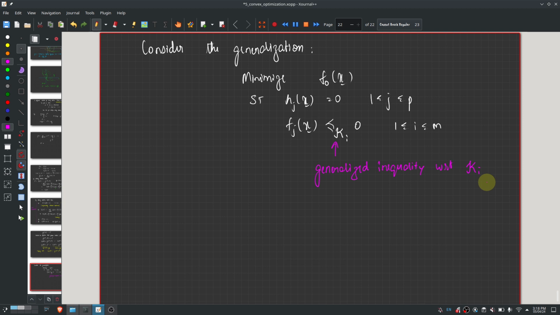Now, what is the consequence of having such a slightly more general framework? Pretty much everything remains the same. The dual optimization problem is framed exactly in the same way. So in this case, the Lagrangian, one thing to note here is that each fi is not a function from Rn to R, it's instead a function from Rn to some Rki.